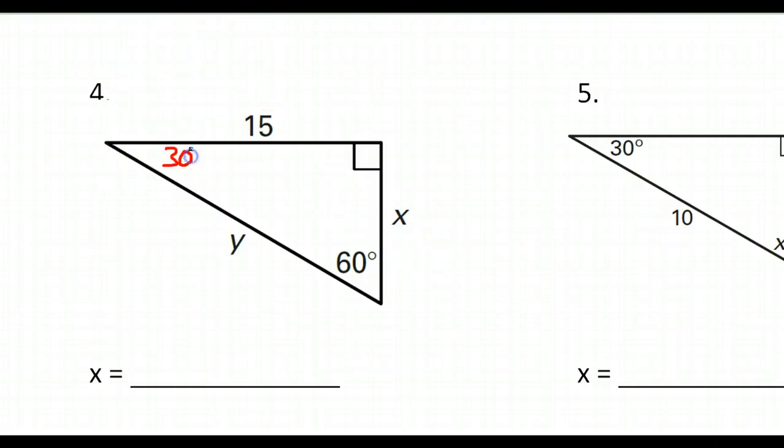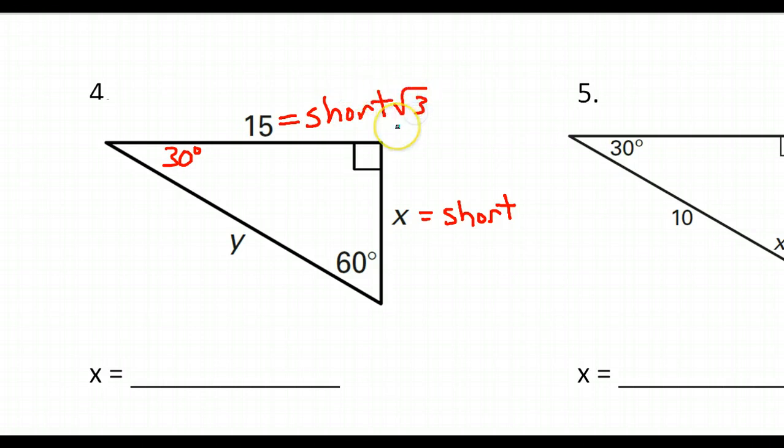This must be our 30 degrees, which means that this x is the short leg. So that's short. That means this, my friends, must be the long leg, which I will label short radical 3.